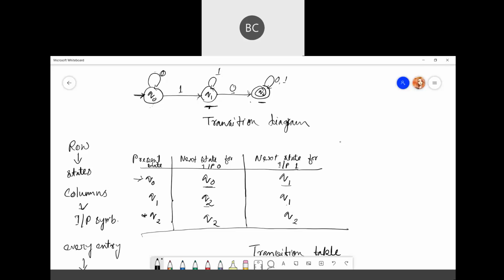How can we write the transition table from the diagram?